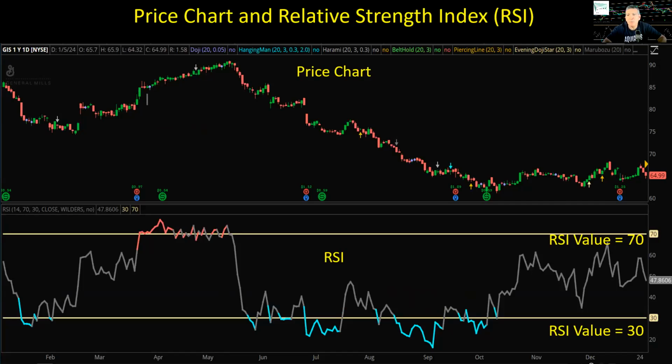Here's an example of a one-year view price chart in combination with the RSI. The trader can immediately identify the price levels or areas when overbought and oversold occur, as shown with the red and blue lines in the RSI chart. However, before we go further, let's clarify the meaning of overbought or oversold.